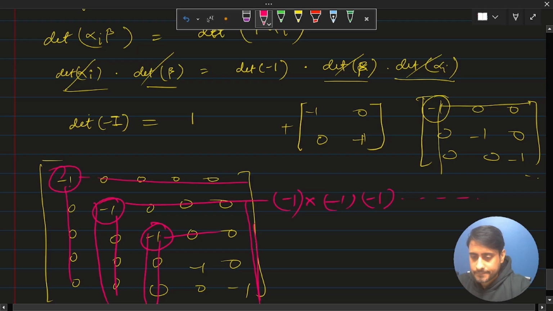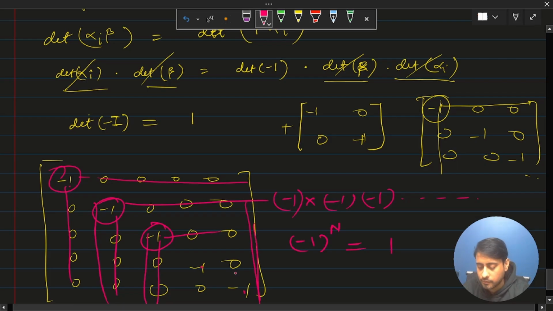So we are going to have -1 to the power n, but that should be equal to 1, because these terms will also multiply in the last, so it will give you one more.